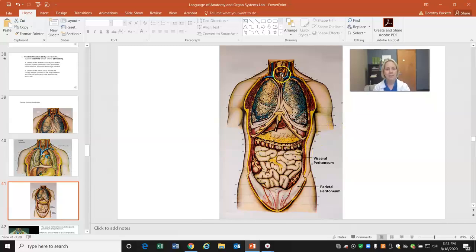Here's the thymus, and the thymus is important in both the lymphatic system as well as the endocrine system, which is a system of organs that produce hormones. Page 23 has a torso model you can label, but you also want to make sure, if I point to an organ, you can tell me what system it's a part of.